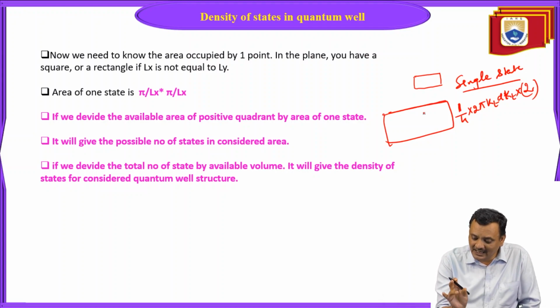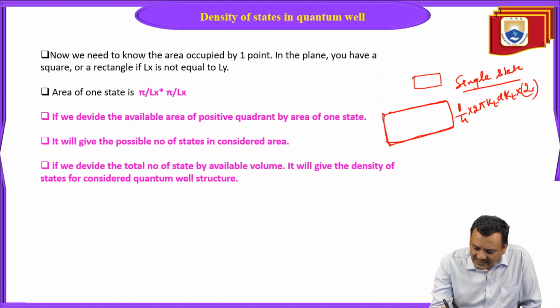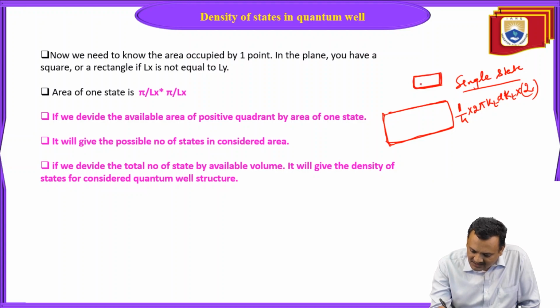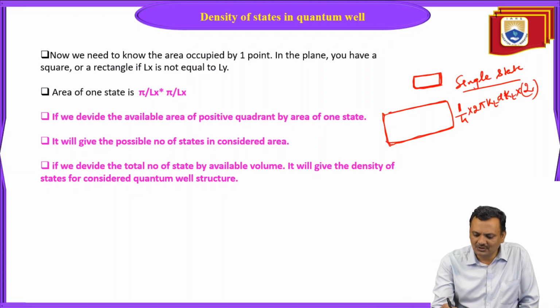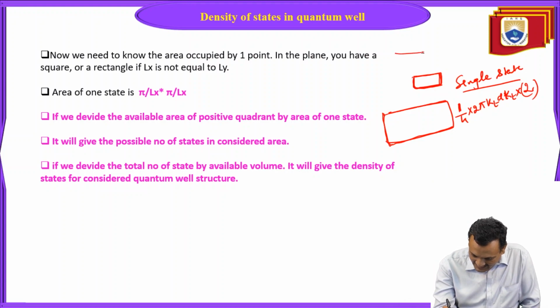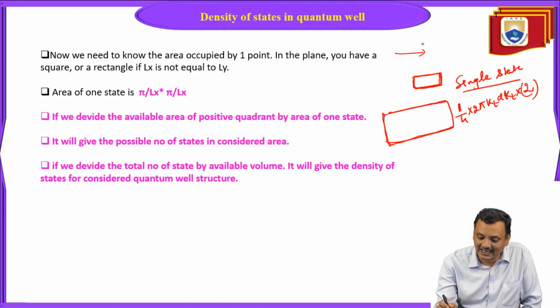So suppose this is the available area. Now how many states can be available in this available area? Suppose any single state has this much area, then what will be the number? You have to tell in a number or in some expression. So in the x direction, the lowest possible value of k is pi upon Lx.